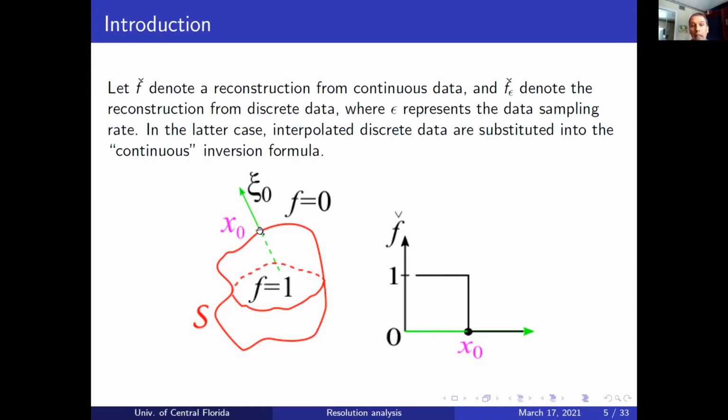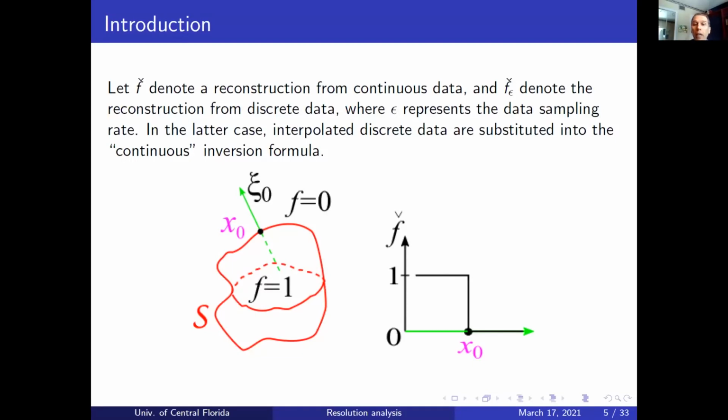We pick a point x naught on the boundary and a normal vector xi naught, here in green, and plot the values of F along this green line segment. We get the value 1 in the interior and the value 0 in the exterior. So this is our exact reconstruction. This is what we would get if we had exact continuous data.